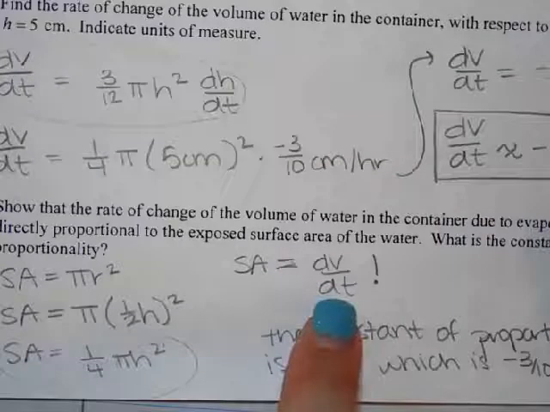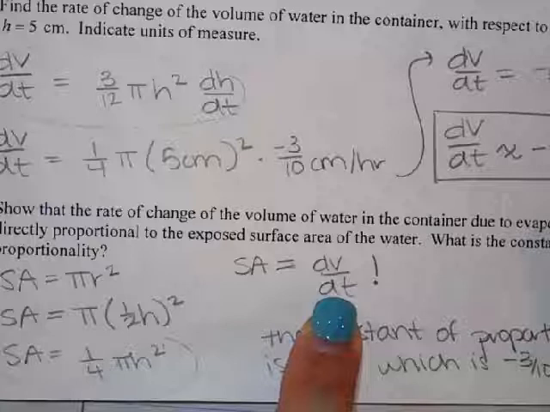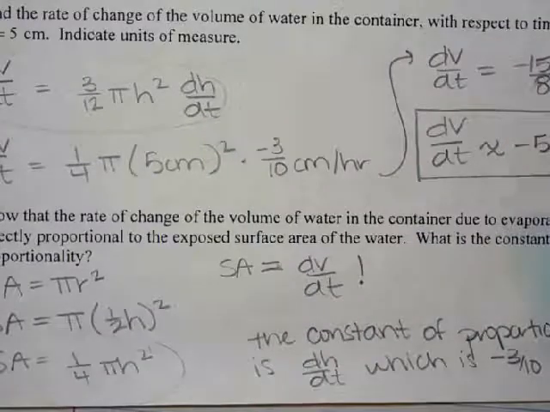And then the coefficient was just still there, and the coefficient was the negative 3/10. So that's what makes it directly proportional.